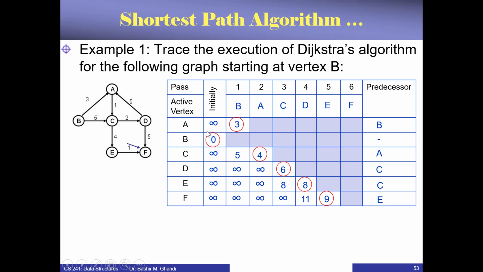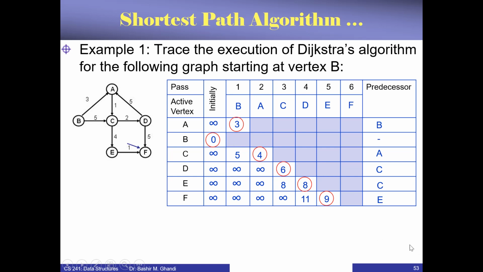So these final values are telling you the minimal cost of reaching each vertex, and these predecessors are going to help you to draw the resulting graph, to trace which path you are going to follow to actually achieve these minimal values. This is what we're going to do next.